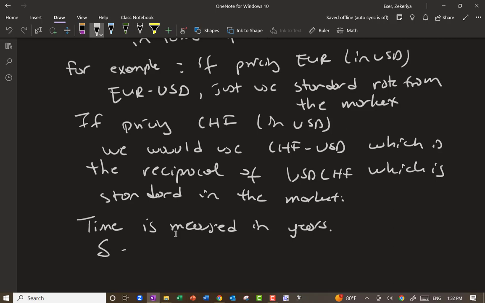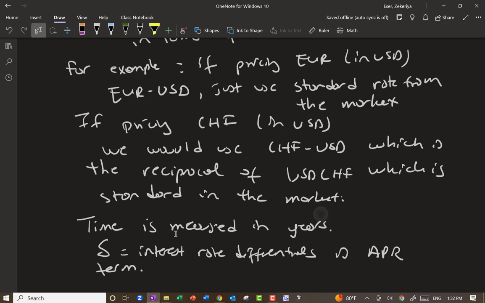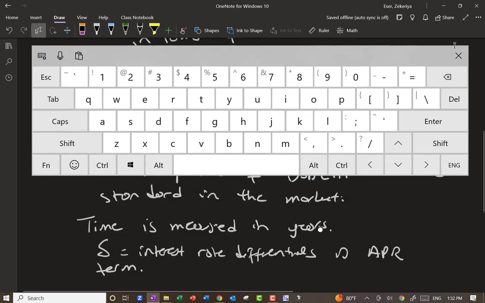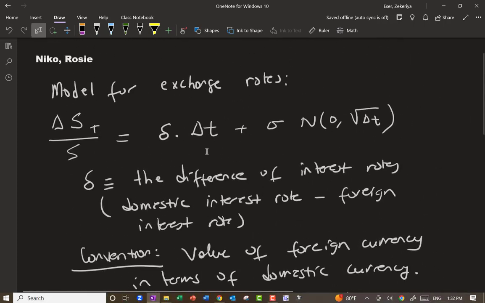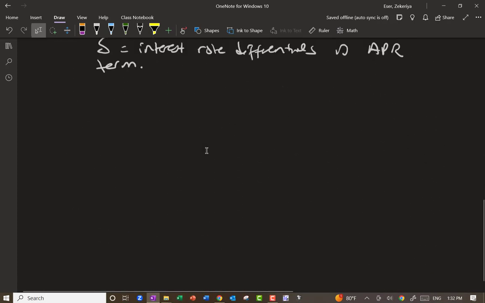Delta, which is the interest rate differentials, is an APR term. That's why we multiply it with delta t, to get the period rate.